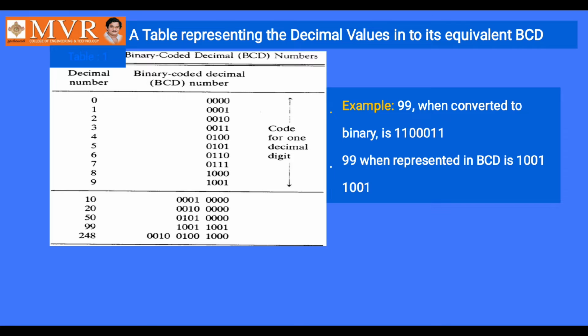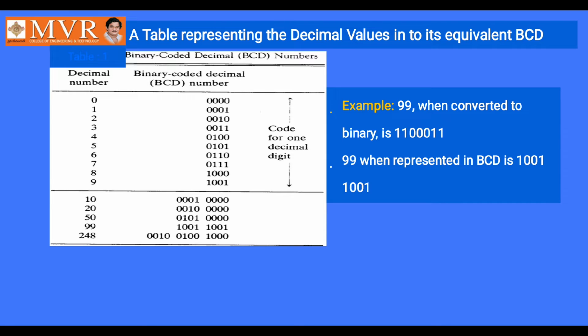This binary coded decimal is entirely different from your binary numbers. The major difference is that in the binary number system, if you want to convert a decimal to binary, you divide the number by 2 and write all the remainders from bottom to top. You get the final result.